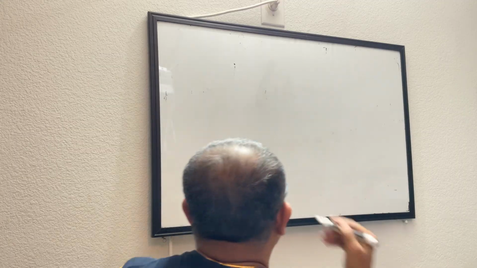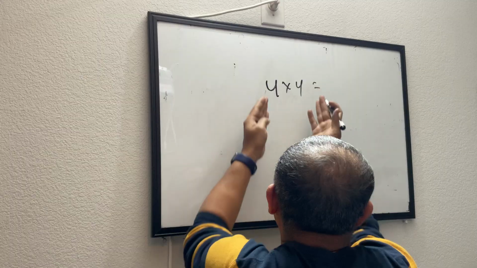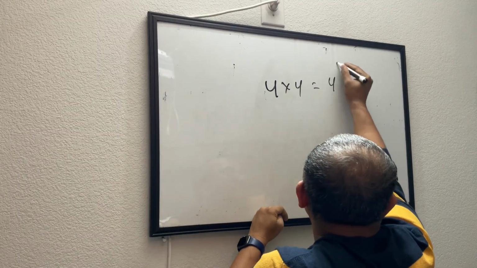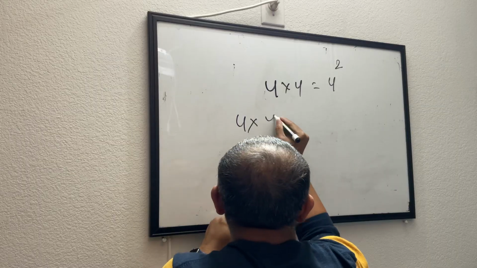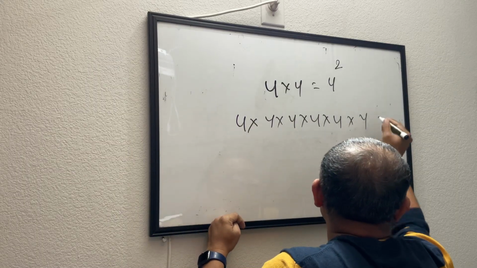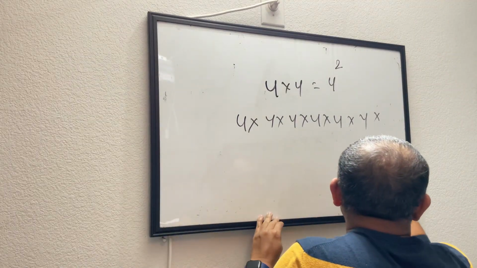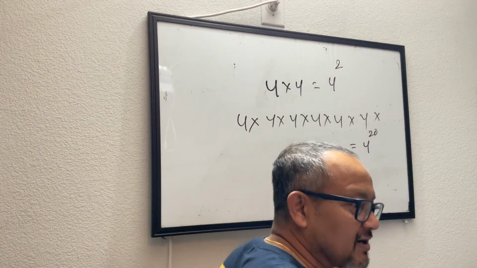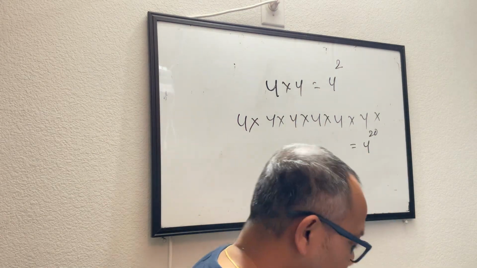If I'm saying 4 into 4, I don't want to waste so much ink. I can write this as 4 to the power 2. My wastage of ink gets serious when I have to do it 20 times. I might run out of budget for ink. That is where it gives me the ability to represent it in a shorter, easier way. Okay, that is all about exponents.